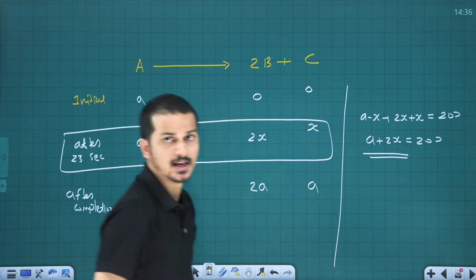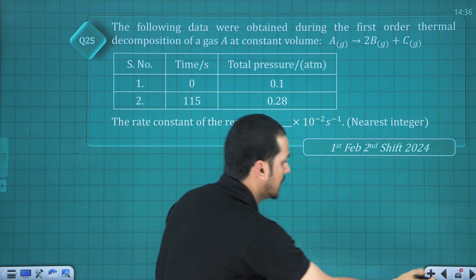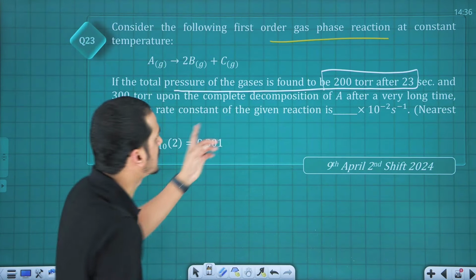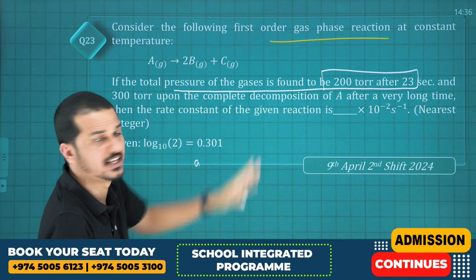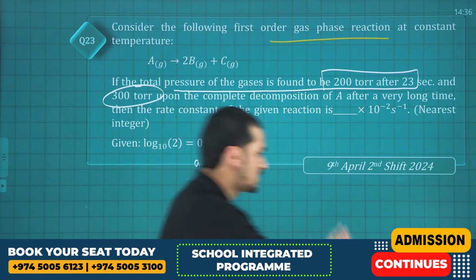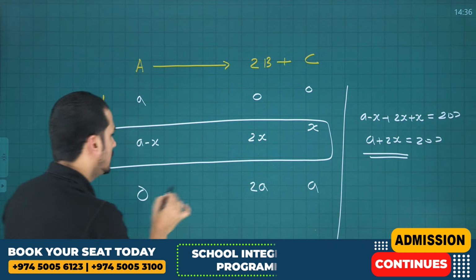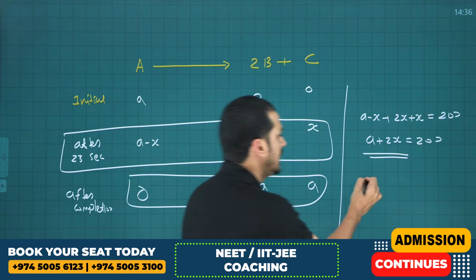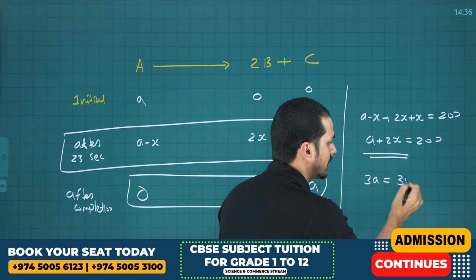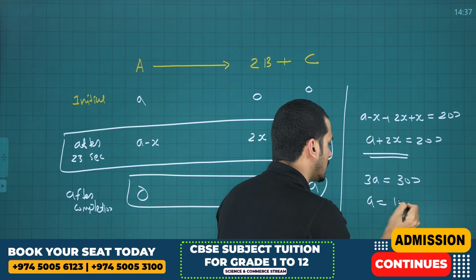Okay, I got it. Next, after the completion, 300 torr upon the complete decomposition, meaning the last final pressure, meaning the total is 0 plus 2A plus A, that means 3A equal to 300. From that I will get A equal to 100.